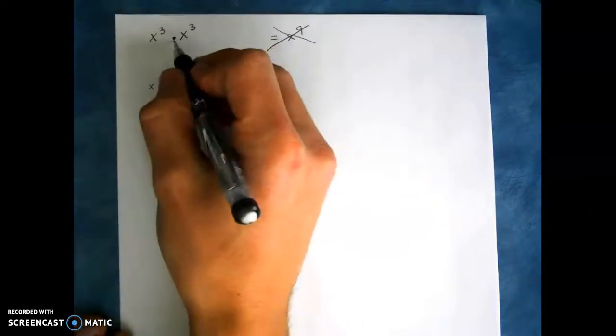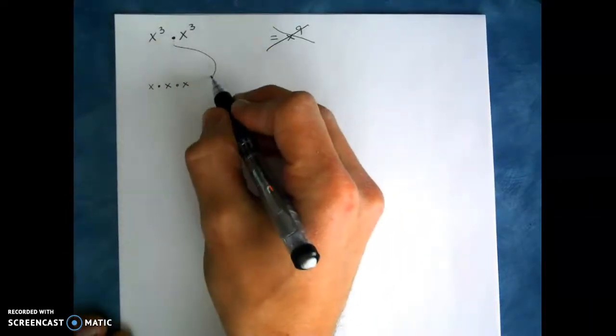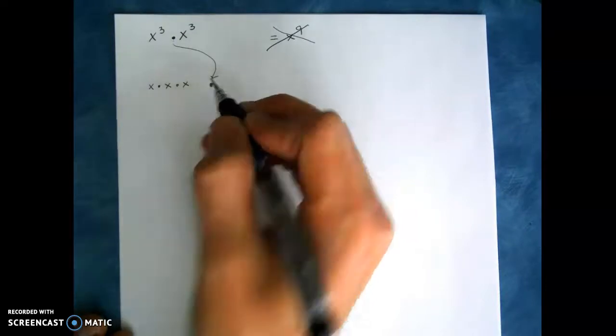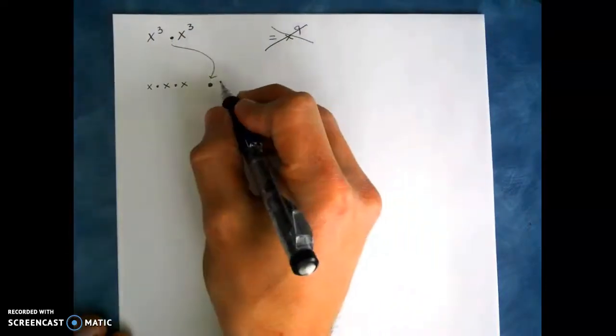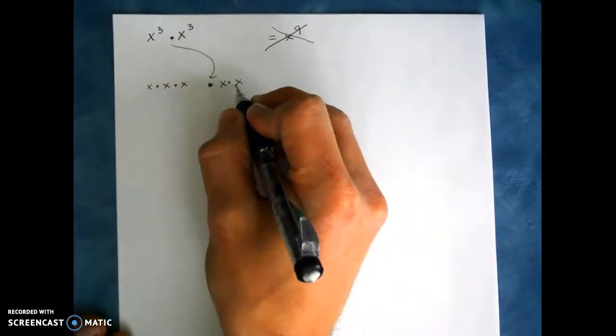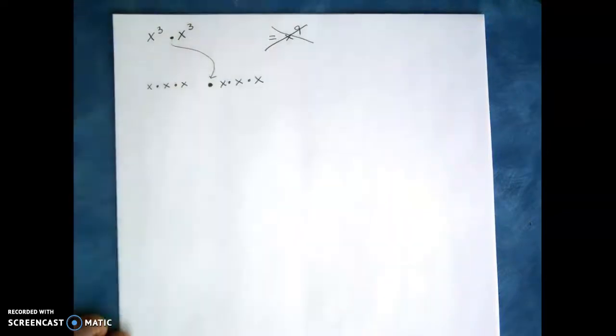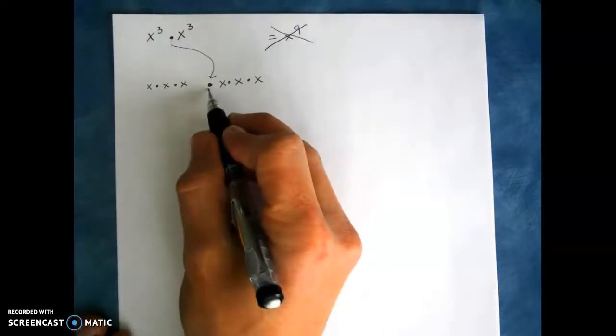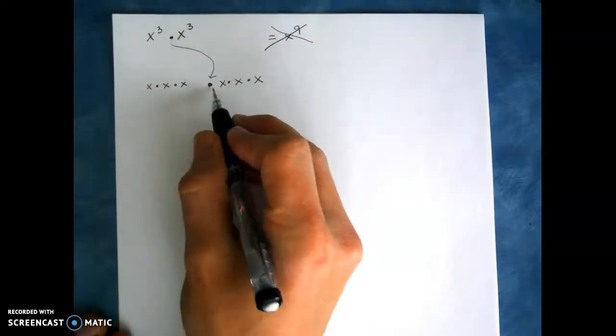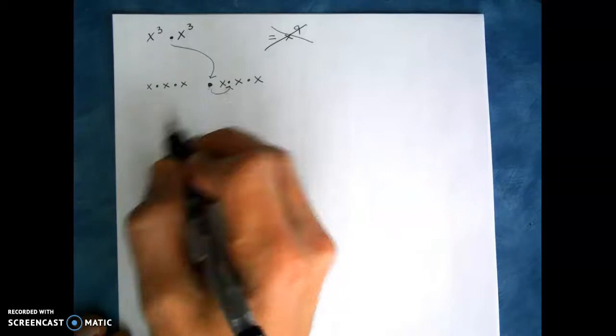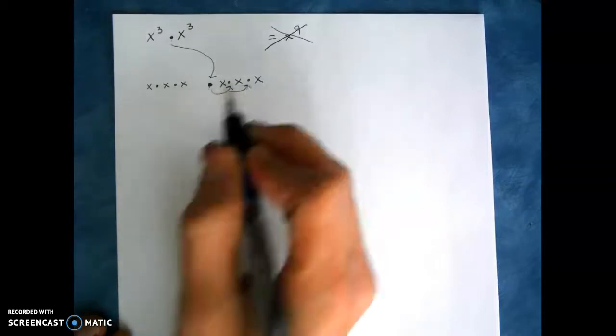Okay, and then we're multiplying here. So we're multiplying these together. X times x times x. Okay, well, this multiplication sign is the same thing that we're doing here, and the same thing that we're doing here.